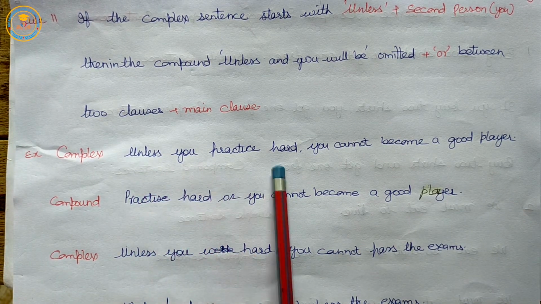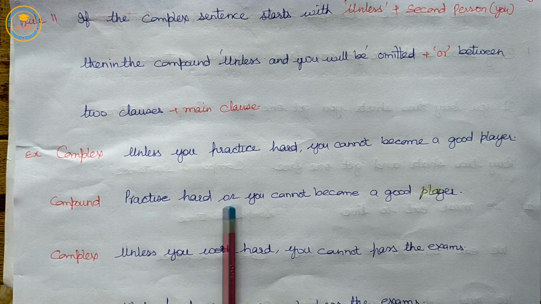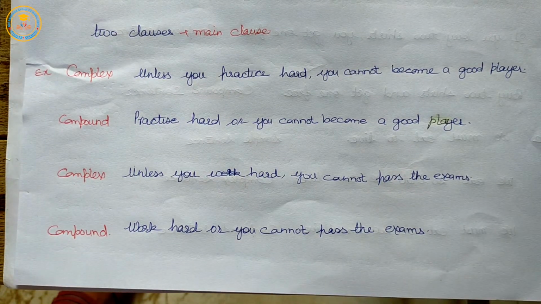So unless you practice hard, you cannot become a good player. Practice hard or you cannot become a good player. Unless you work hard, you cannot pass the exam. Work hard or you cannot pass the exam.